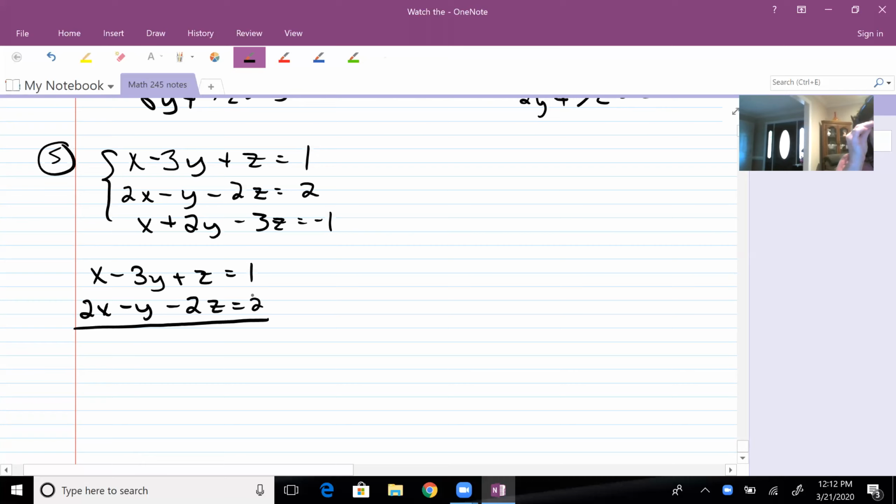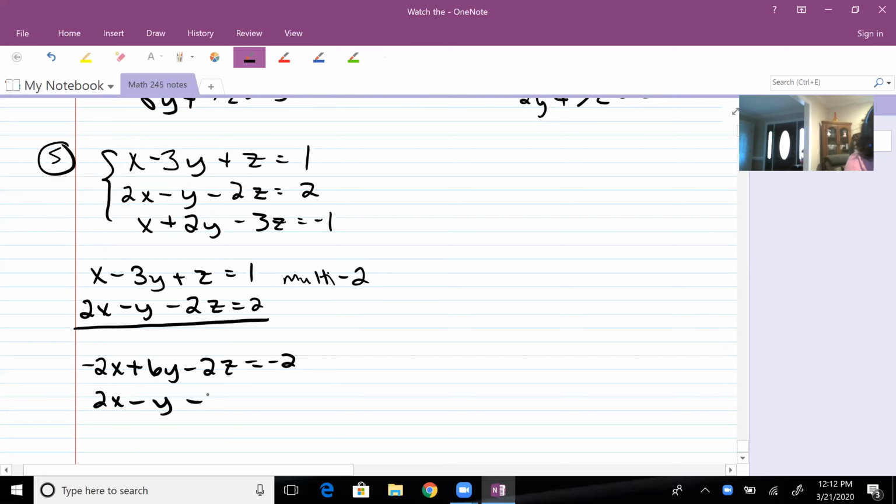And using that first and second equation, we need to get rid of x. So I see down in the bottom, we've got a 2x. If I can just make that top a -2x, it's going to cancel out. So I'm going to multiply everything in the top by -2. So that will make -2x, a positive 6y, a -2z, and a -2.